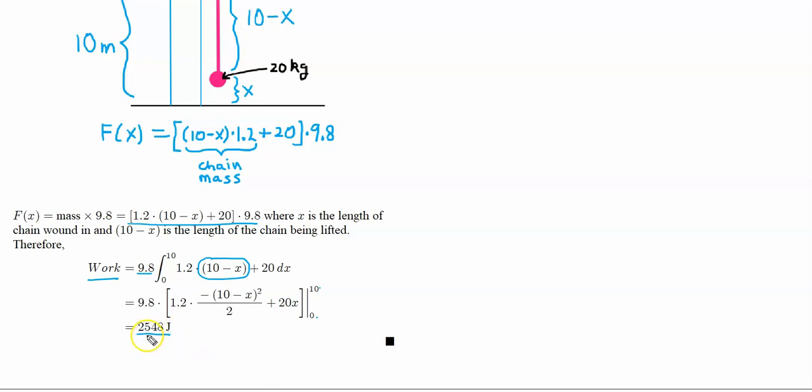You'll also notice that if you think back to our previous problem, we calculated 588 joules just to wind in the chain. Now, if we have a 20 kilogram mass hanging on the bottom of the chain, then the force required just to lift this mass upward, a distance of 10 meters, is 20 times 9.8.